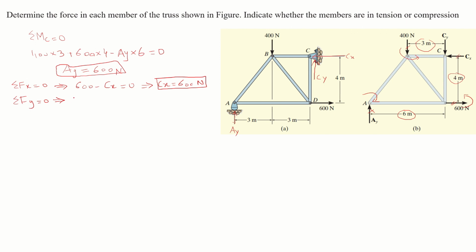So Ay, which we have already calculated, is equal to 600, and in the y direction there is a 400 Newton force, with minus for the downward side, and then there is Cy, which is also on the downward side.